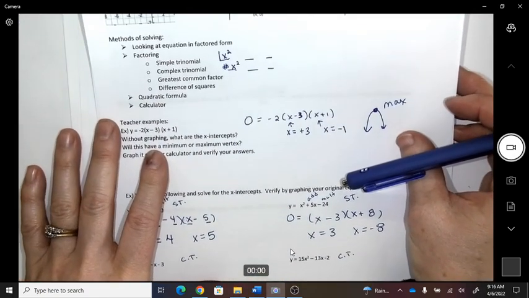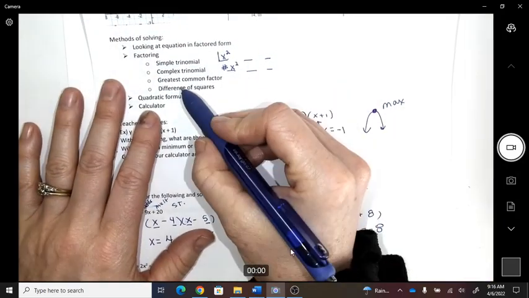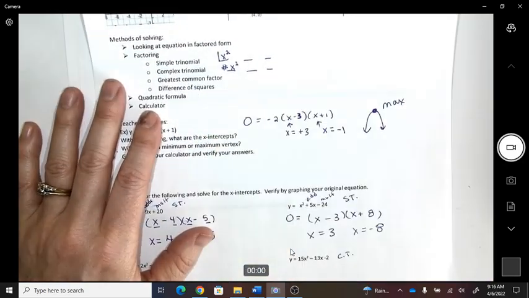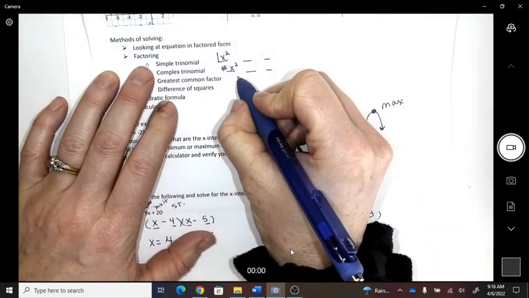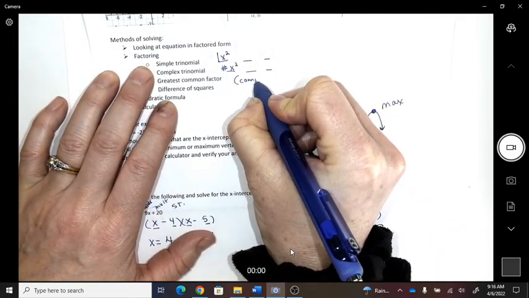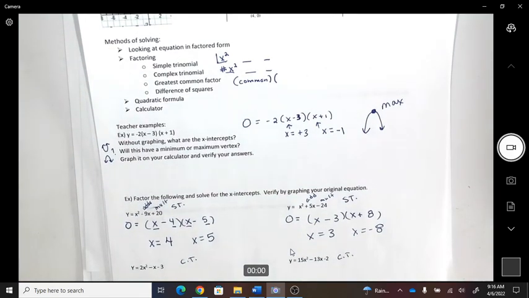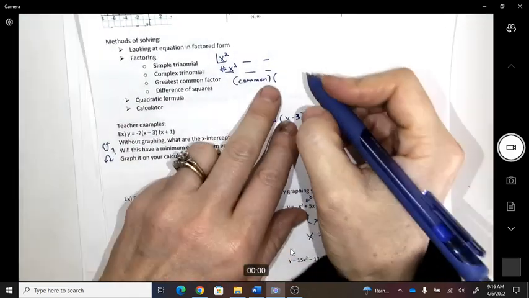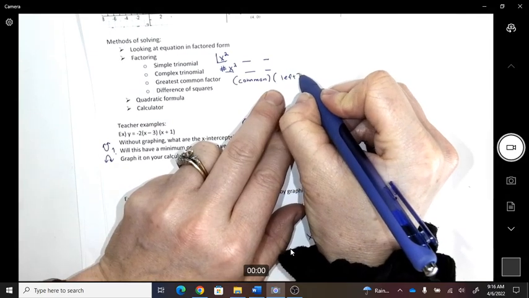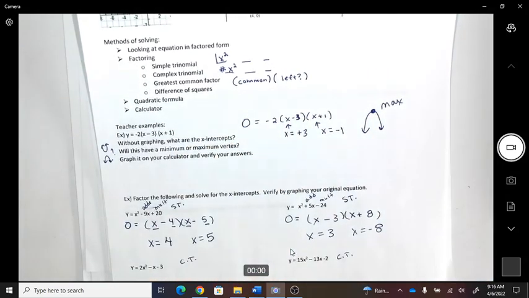Let's actually just talk about these next 2 because we're going to do these. So the greatest common factor is where you can take something common out. So once you remove something that's common, it's like dividing out, what's left?